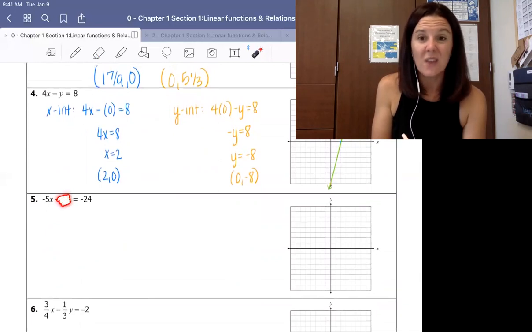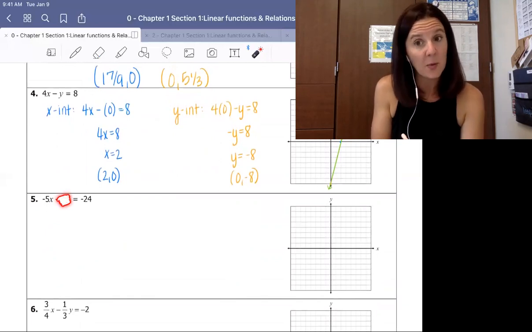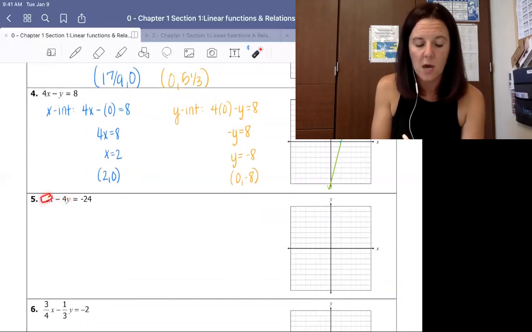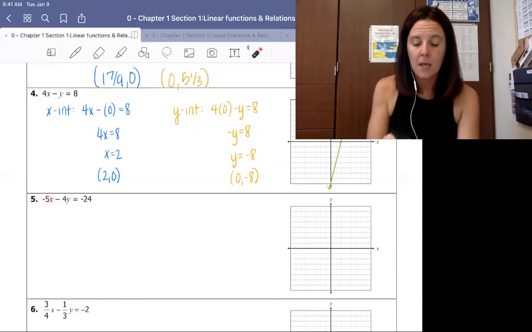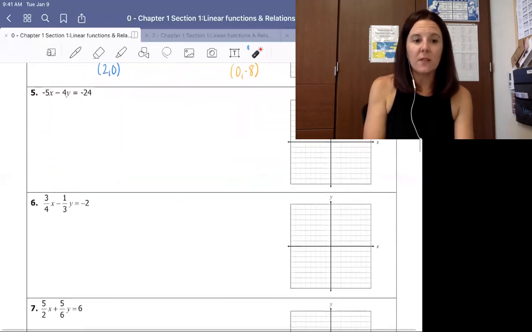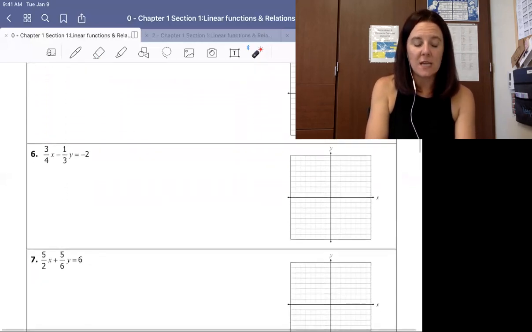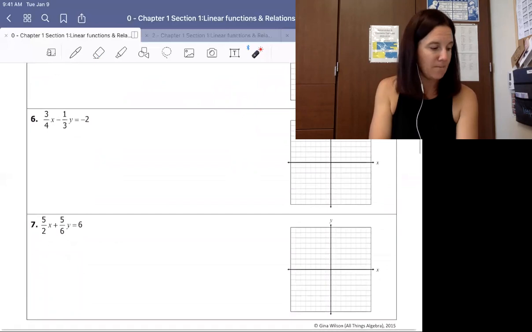To find your x-intercept, you're just going to have negative 5x equals negative 24 and solve for x. It's not going to come out perfect, that's okay. To solve for the y-intercept, you're going to cover up the x part of the equation. And you always want the variable that is the intercept you're looking for. Okay, so that means you have these 3 left.